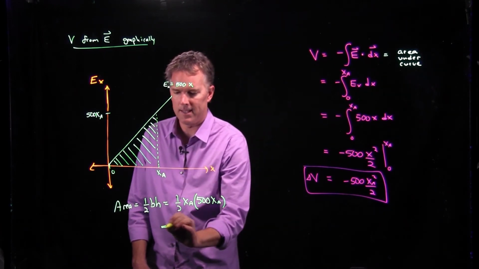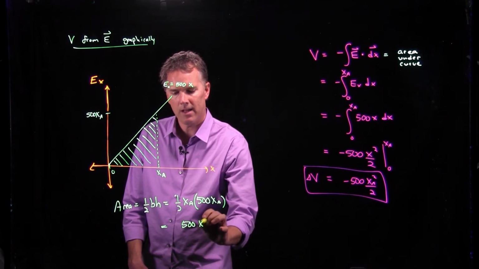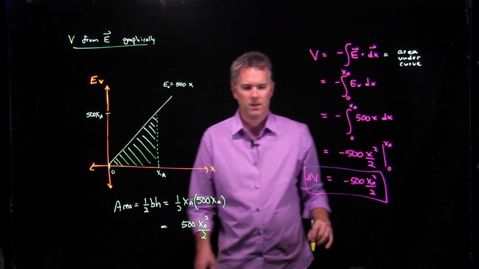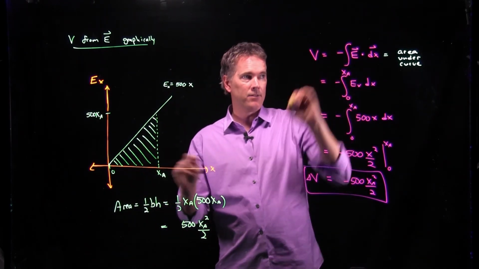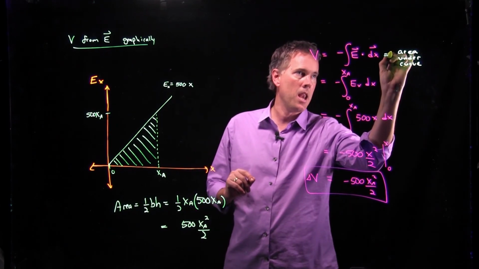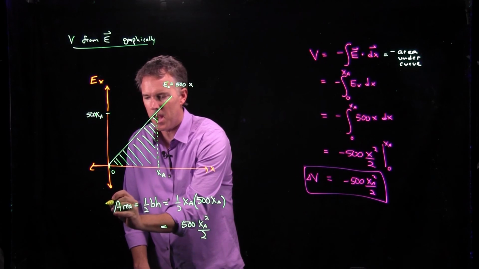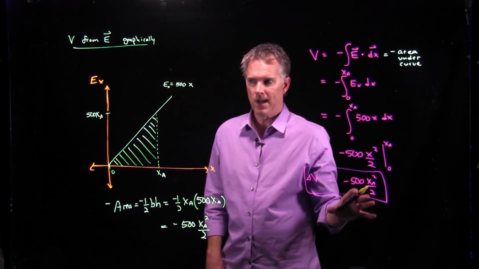And we, in fact, get exactly what we got over there, 500 x sub a squared over 2. The area is that, but the negative sign means you have to put a negative sign out in front. So what we really want is the negative area. And now everything matches up.